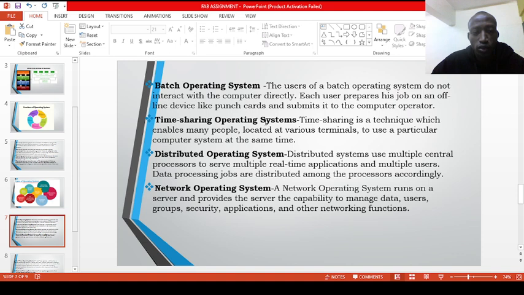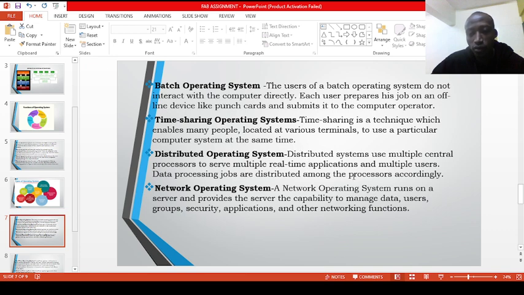The first one, batch operating system, uses a batch, like I've said, and the user does not interact with the computer directly. We also have the time sharing operating systems, where the basic technique here is to enable many people located at various terminals to use a particular computer system at a time.